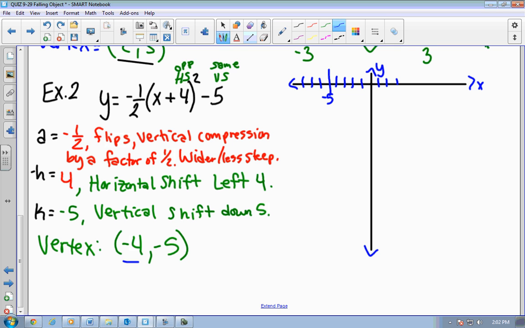And I can see the vertex is at -5, and I know it's going to be continuing downwards because it's negative, so I'm going to give a lot of negative Y tick marks. -5, -10, that's probably good. Because the multiplier of 1/2, so we won't be going down too much. That multiplier affects the rise, so when you're ready, plot the vertex, -4, -5.